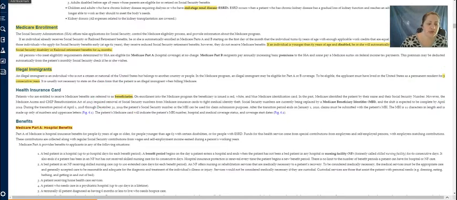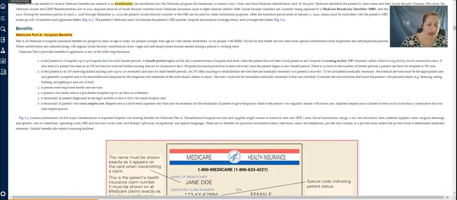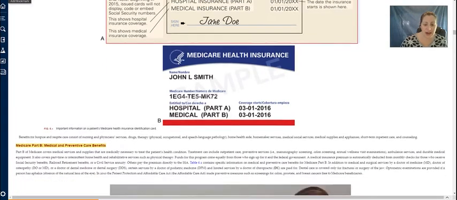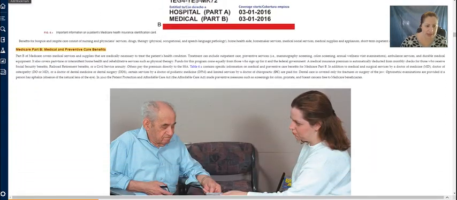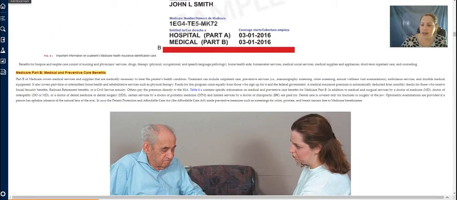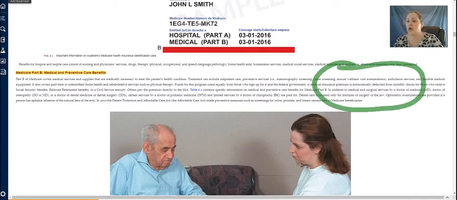Now the chapter is going to run through the benefits for Part A, Part B, Part C, Part D, but we already did that. So I'm going to kind of scroll past these without talking about it. I did want to mention, I did tell you that Part B has a premium, that you have to pay to have that. That premium is automatically going to be taken out of your Social Security check.